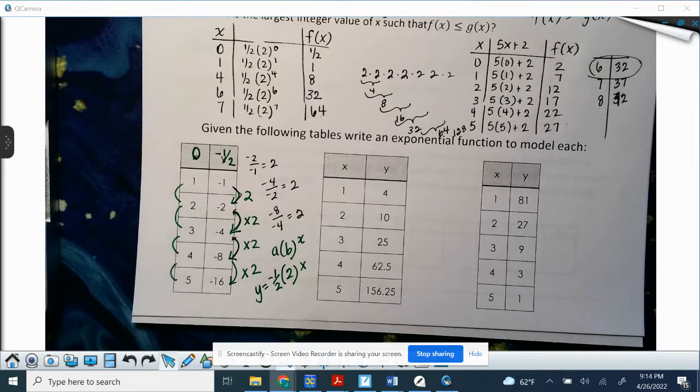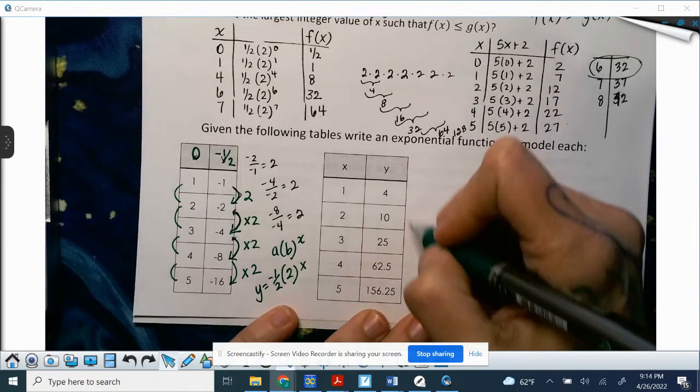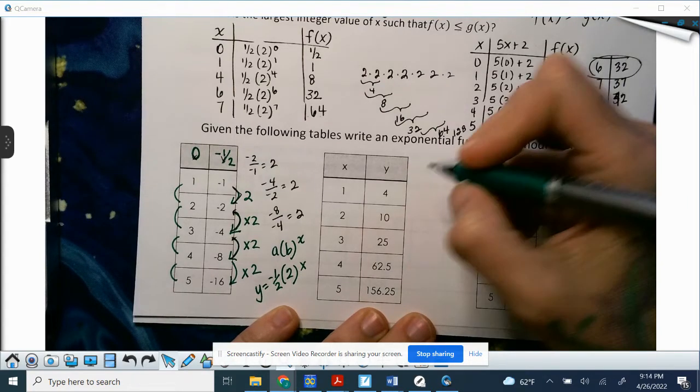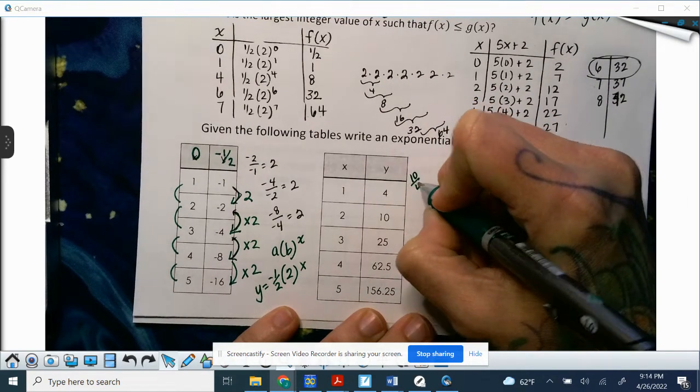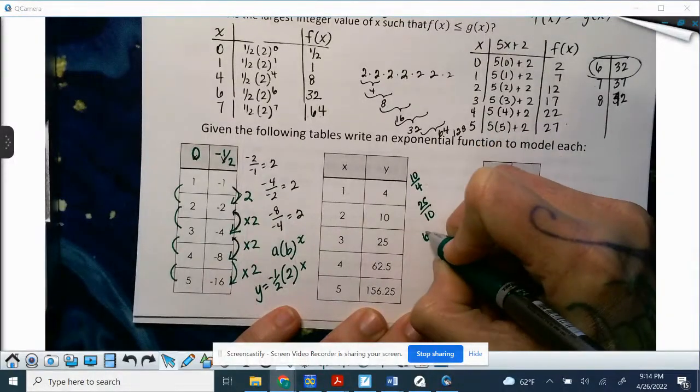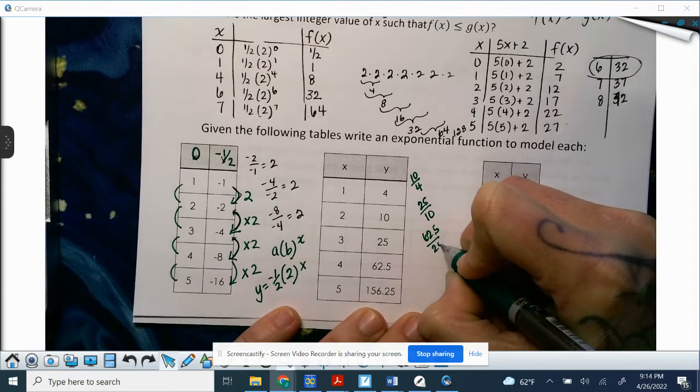All right, so again, 10 divided by 4, 25 divided by 10, and then 62 divided by 25. Ideally, I didn't want us to do this with a calculator, but I'm not sure how we'll do this one otherwise. So we're cheating. Let's use a calculator.